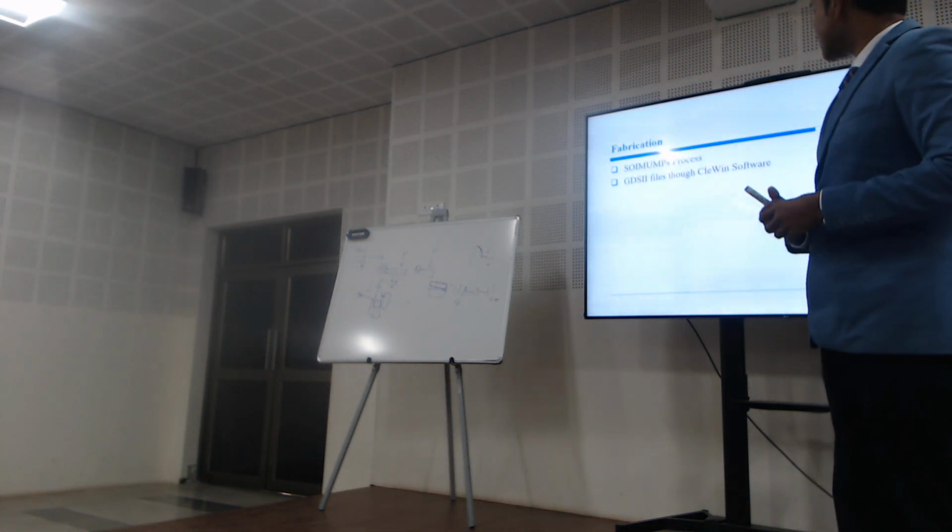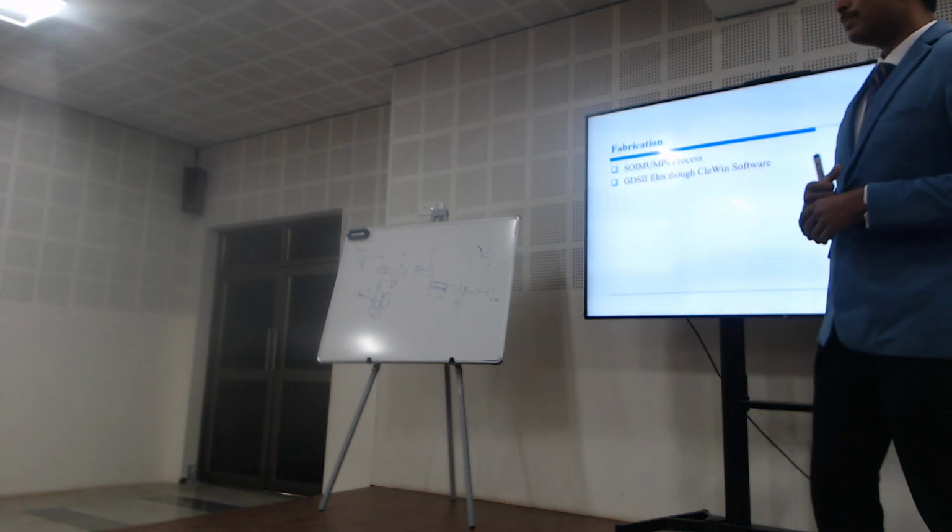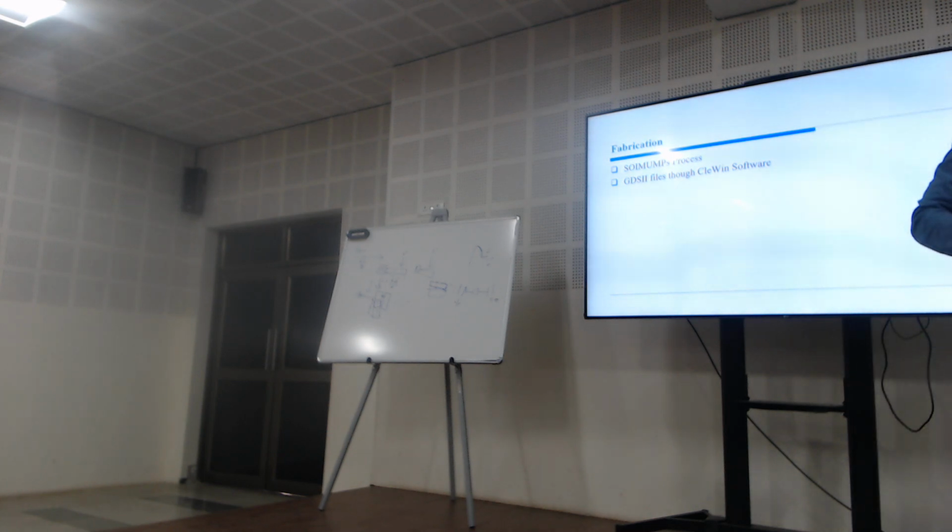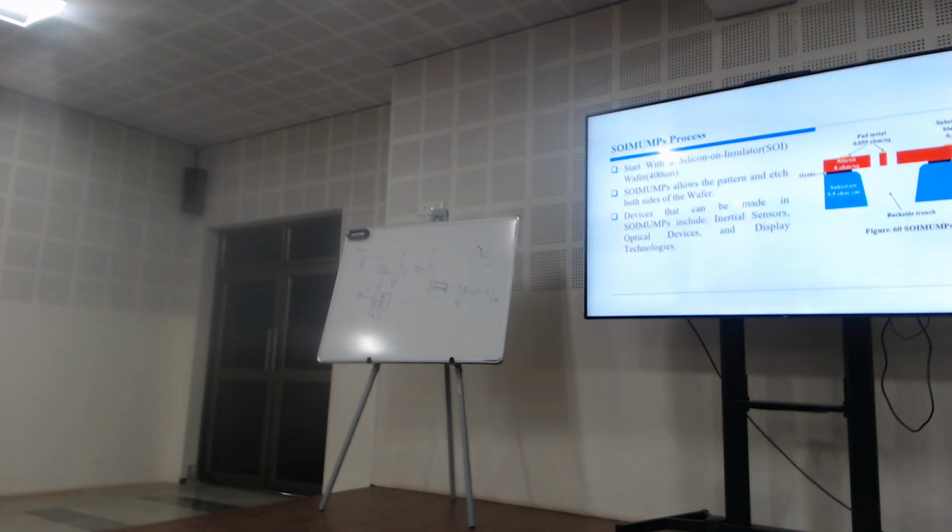So we have used the SOI MUMPS process. How it will be, we will see. This is the SOI MUMPS process. Generally, this is the predefined layer, but this is after fabrication. This is the bottom substrate, the base is 400 micrometers, and the upper layer is 1 micrometer.